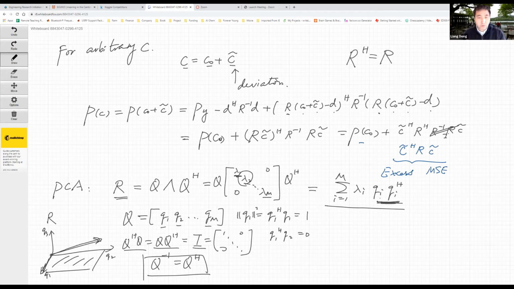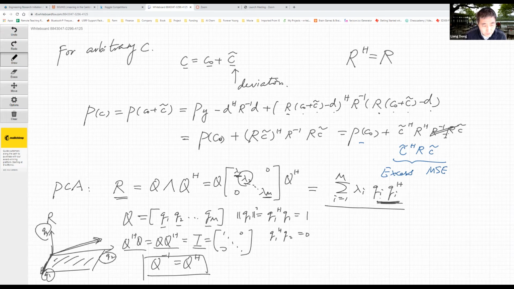So most of those signals will be concentrated in dimension Q1 because the energy lambda 1 is the largest. And the least is lambda m. So over that dimension, the signal does not lie too much. So again, in this example of 3 dimensions Q1, Q2, Q3, a lot of signal will concentrate on Q1 and Q2, not too much on the 3rd dimension.